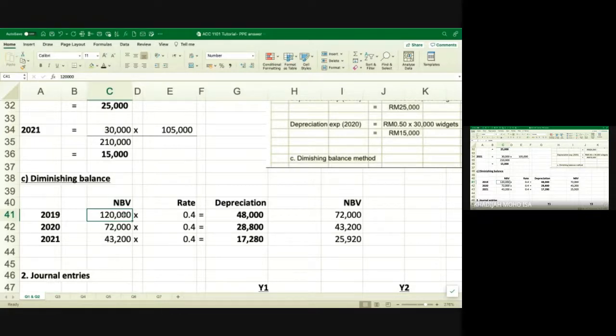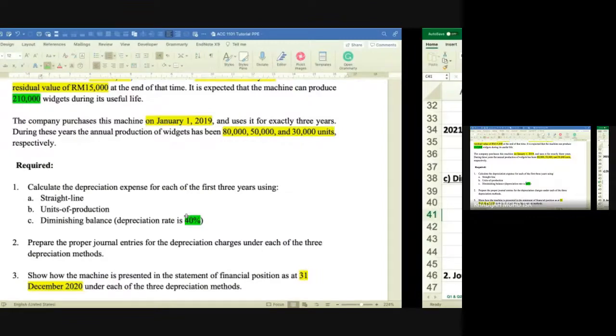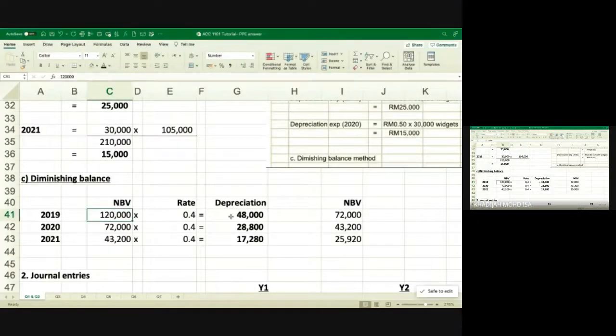So here 120,000 times the rate of 0.4, or 40%, you get depreciation for the year of 48,000. 120,000 minus depreciation of 48,000, you get a net book value of 72,000. That 72,000 is the net book value for 2019, and it will also be the beginning value of 2020. So use that 72,000 times 0.4, you get 28,800.